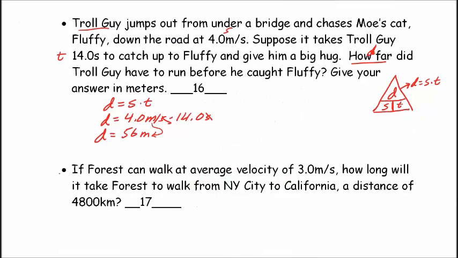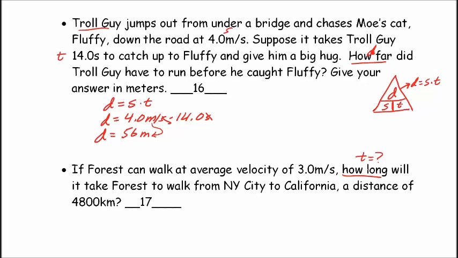Alright, if Forrest can walk an average velocity of 3.0 meters per second, how long will it take Forrest to walk from New York City to California, a distance of 4,800 kilometers? Well, the first thing we notice is that we're looking for the time. How long will it take? That's the time. So we need an equation that says time equals.